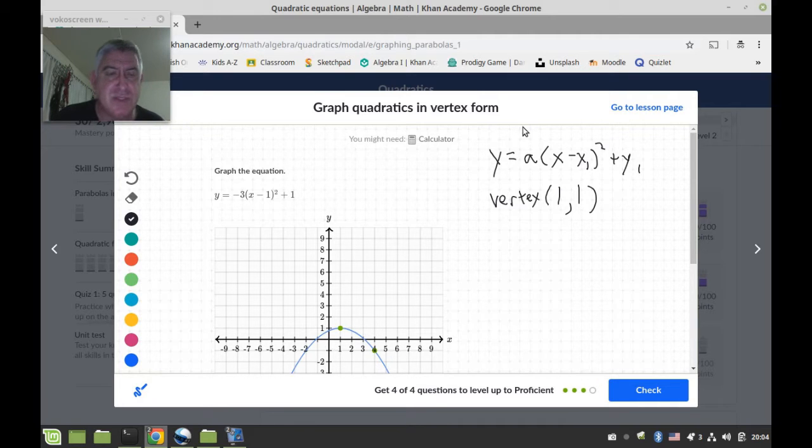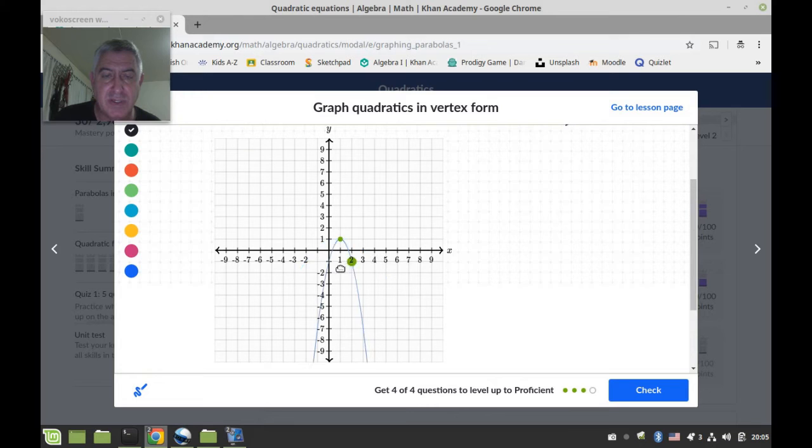What happens if I just put in 0? 0 is an easy number. So 0, 0 minus 1 squared times negative 3 plus 1 is equal to negative 3 plus 1 is equal to negative 2.